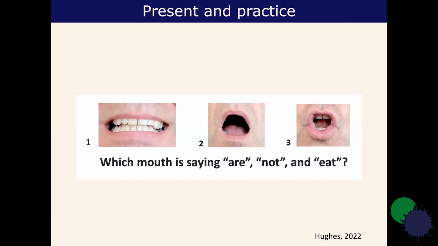So number 1 is saying eat, number 2 is saying are, and number 3 is saying not. It's the same principle as those illustrations, but it's a way of getting students to think about the shape of their mouth. Again, consider we're presenting a standard. I'm presenting probably a British English way of saying those words. It doesn't allow for variations in other accents, so that's an issue.